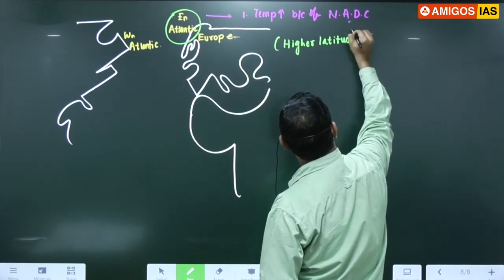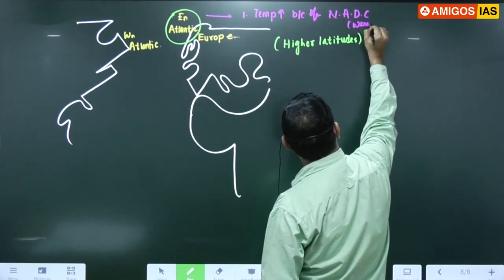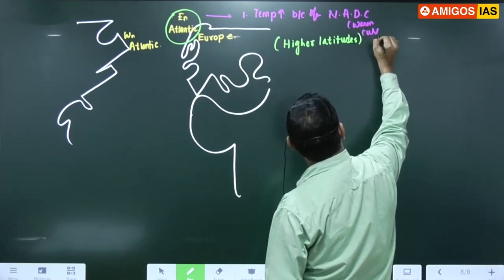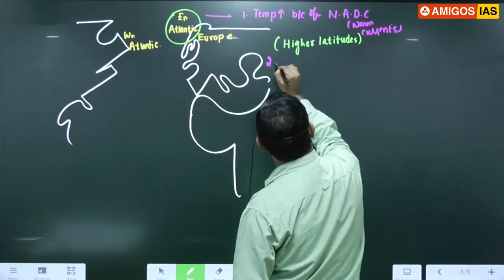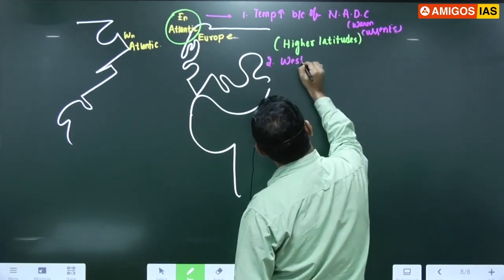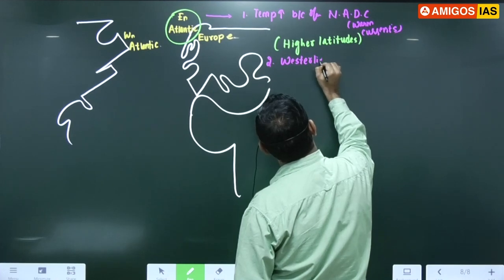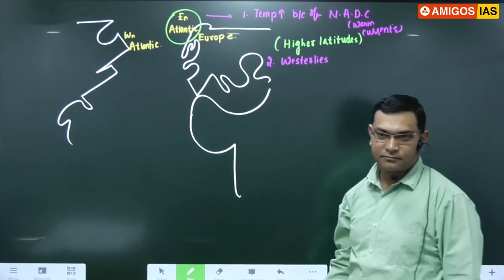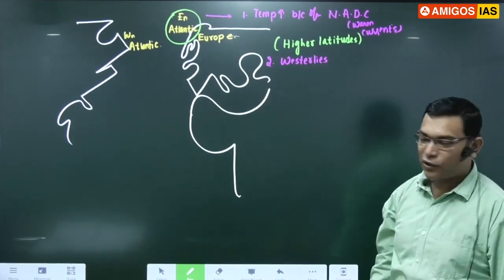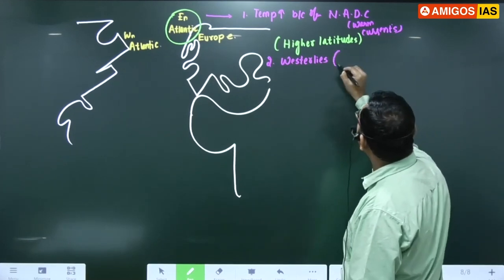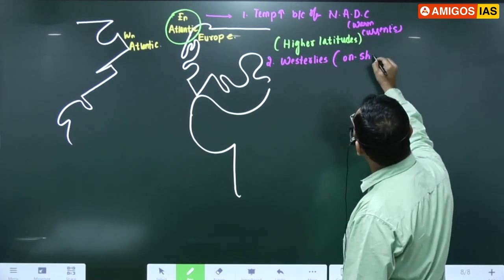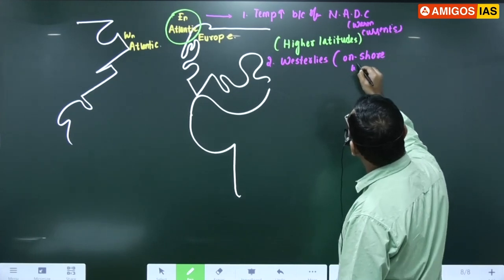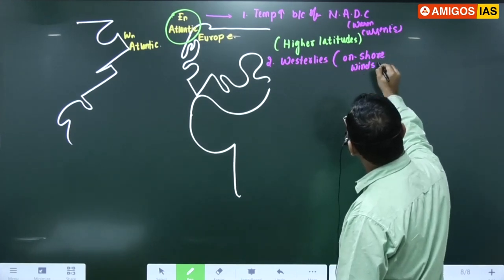These are warm currents. One factor. The second factor is, can you say that the westerlies also play an important role? Westerlies also play an important role in bringing onshore winds. Very good. Onshore winds bring the warm regions to these areas.